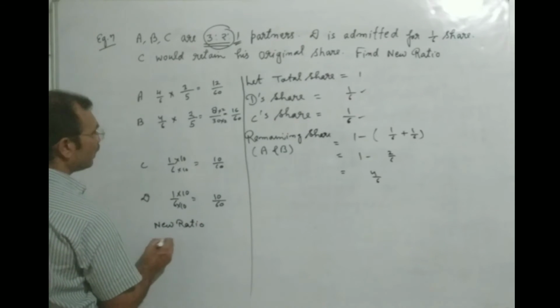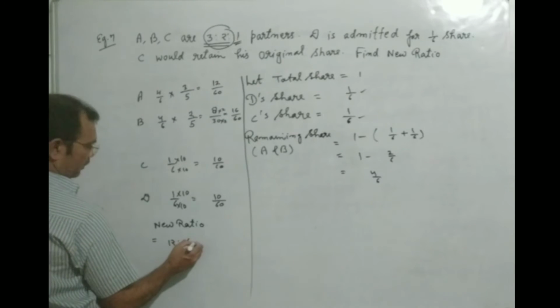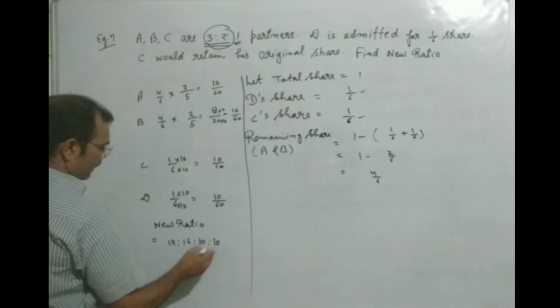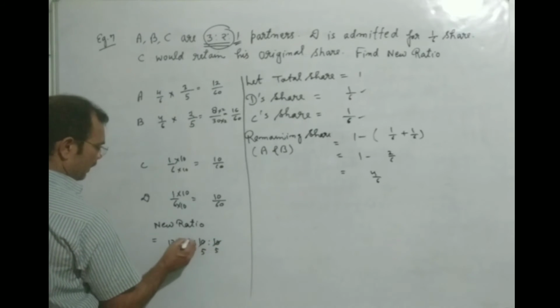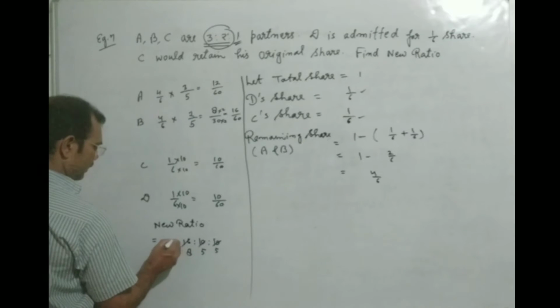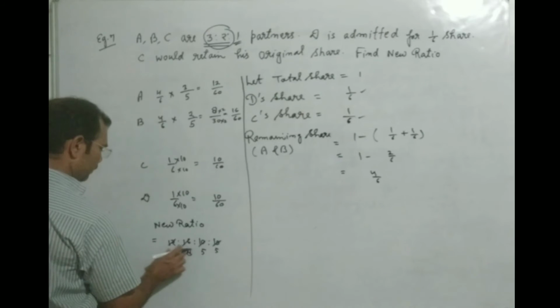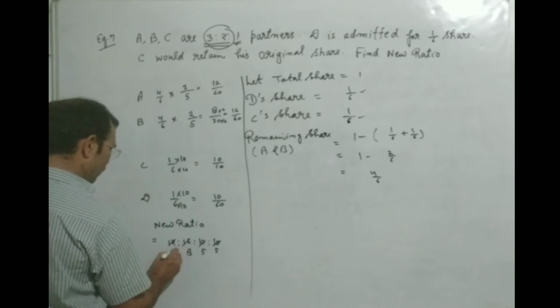The ratio will be 12:16:10:10. Now we can cut it short. 2 5s are 10, 2 5s are 10, 2 8s are 16, 2 6s are 12.